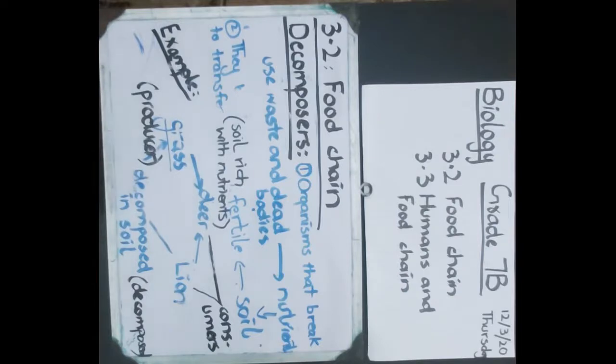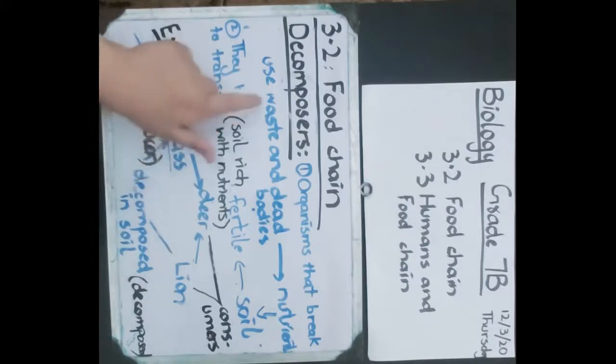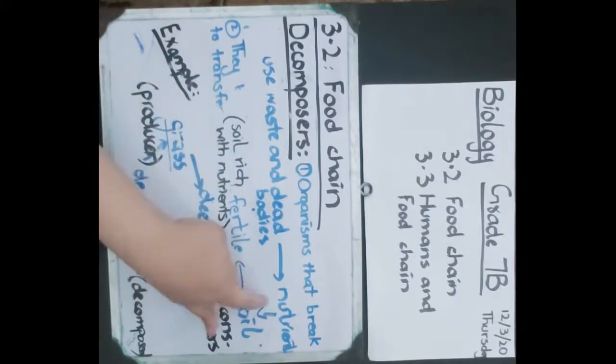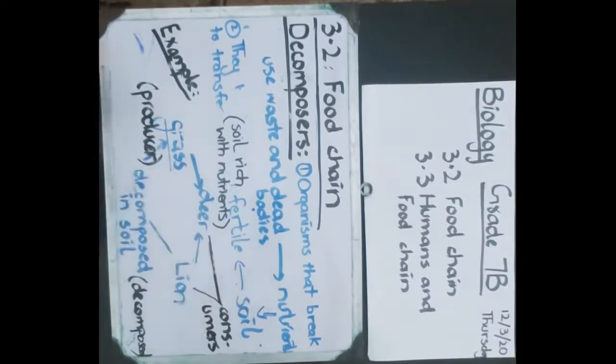When you eat something, it has oil, so you get fat, you get protein in your body, you get carbohydrates in your body, and when you die, these decomposers use your body and transfer these nutrients, for example carbohydrates, proteins, fats, water, vitamins, everything, to the soil. The soil becomes fertile and these nutrients are used by plants or grass to grow better. These nutrients will help the grass to grow better.